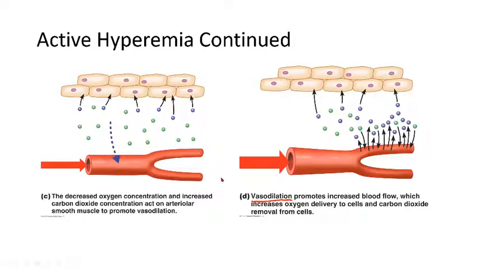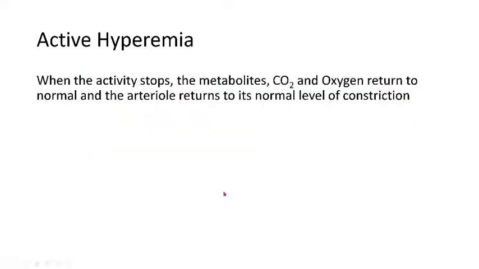It will constrict on its own without anything else. The vasodilation goes back to normal. The key is that this is all based on metabolites, oxygen, CO2, hydrogen, everything else, and we call these paracrines.